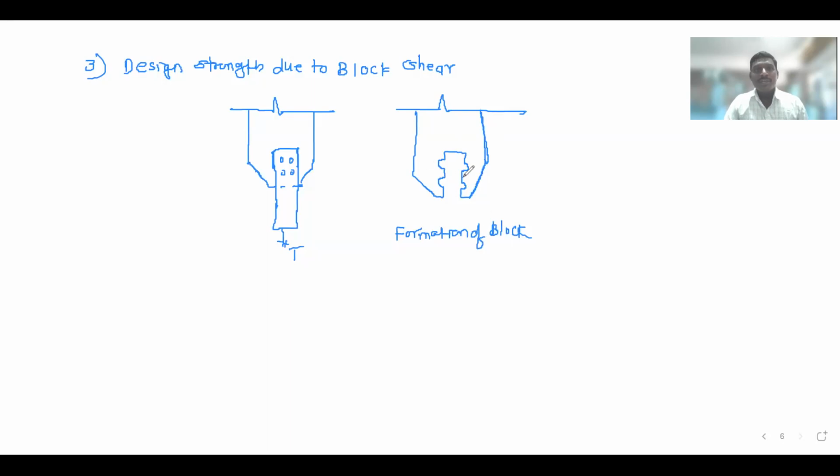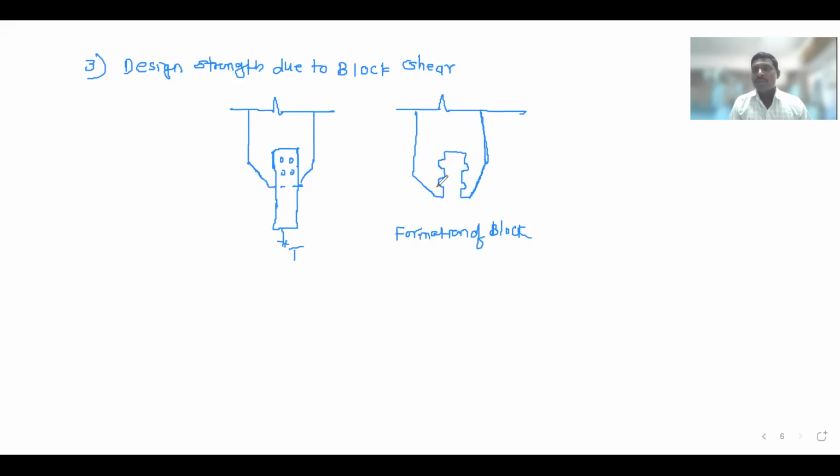It means that due to these bolts, the whole section on this side separates from the section on the other side, directly tearing through the bolt holes. So it means formation of a block. The whole block will cut and separate from each other. Are you getting how these failures take place?